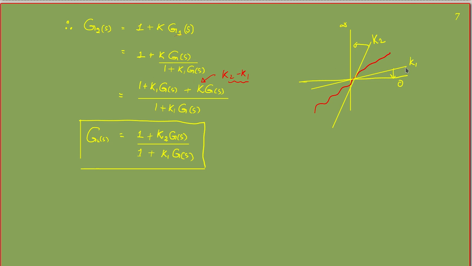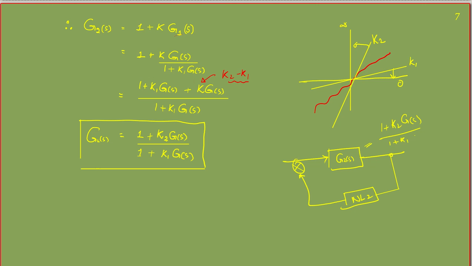First we moved K1 and then we moved K2, and after moving both together, we have ended up with a new transfer function G2 of S, with this new nonlinearity 2 here. So what would be G2 of S here? 1 plus K2 into Gs divided by 1 plus K1 into Gs.